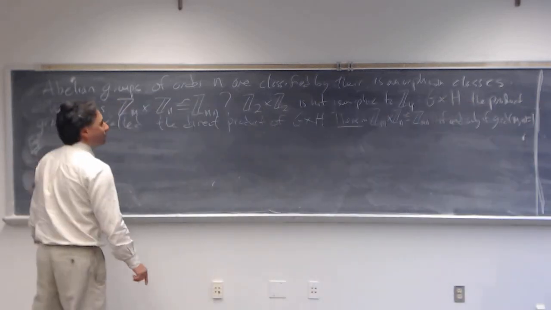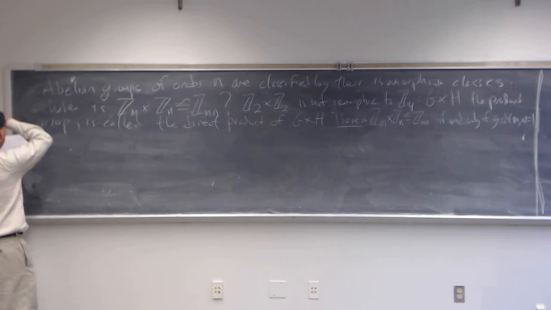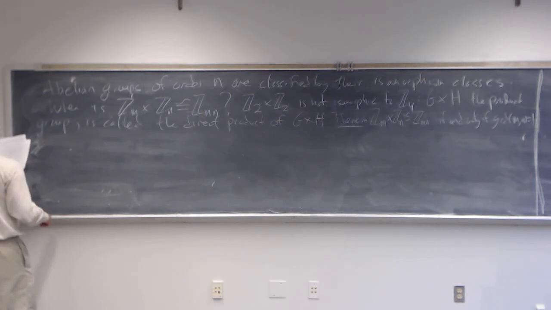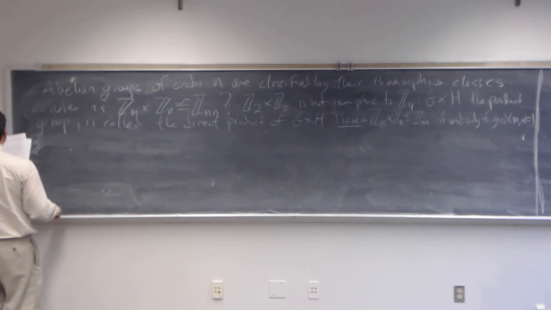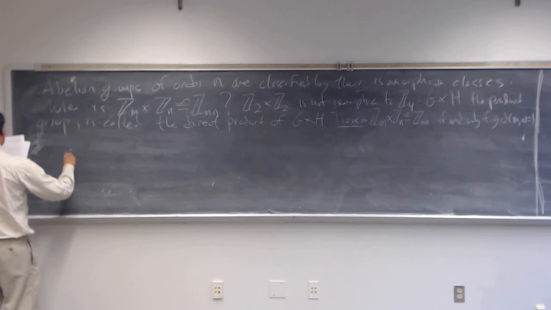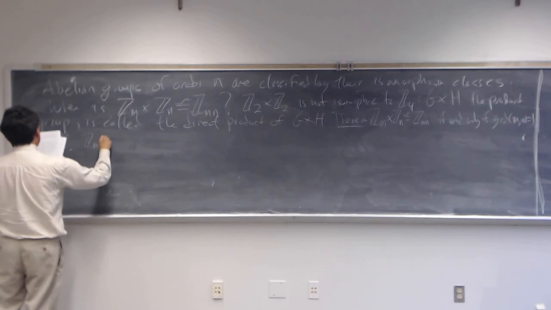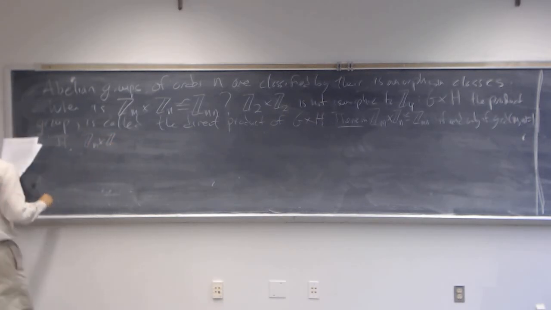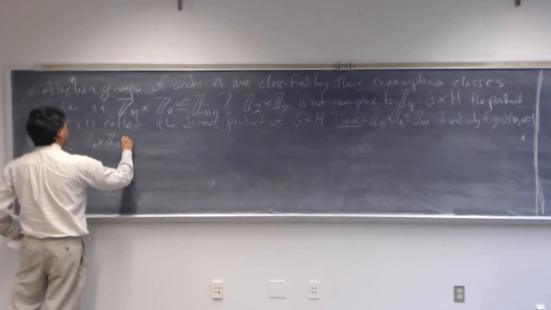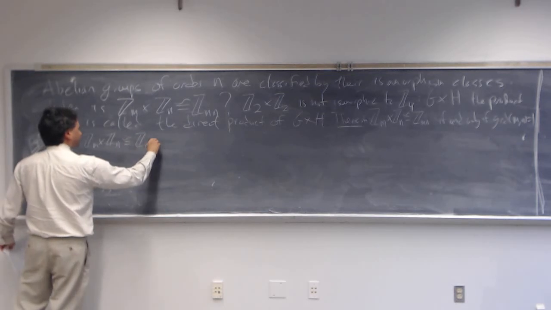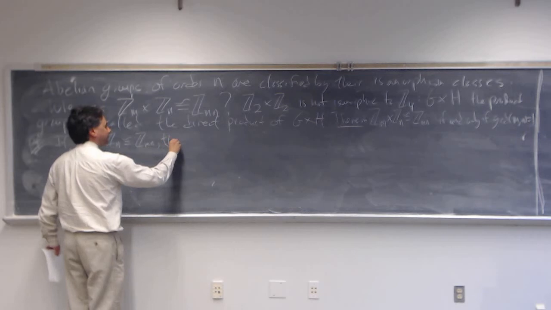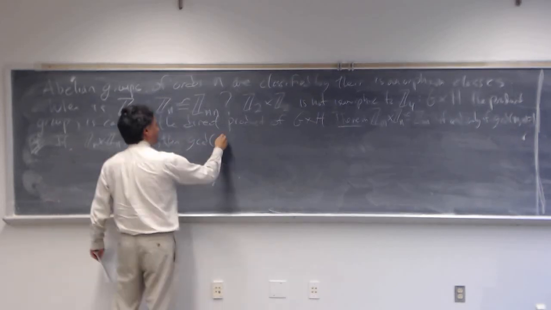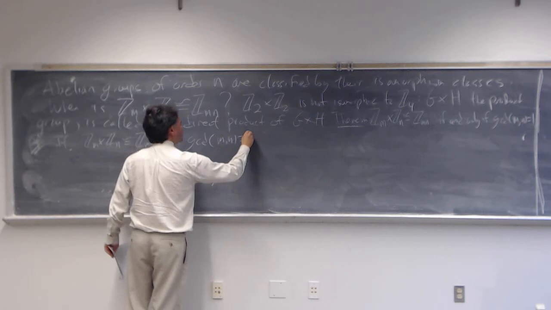So we're going to prove it. We'll show that if we have this isomorphism, then the GCD is 1.